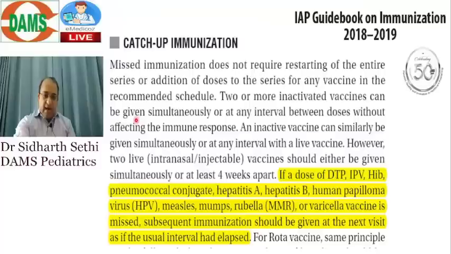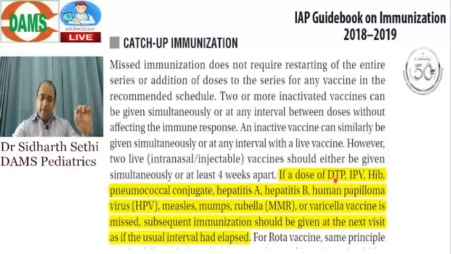So students, according to the Indian Academy of Pediatrics, and I'm a fellow of the Indian Academy of Pediatrics as well, there's a book by the Indian Academy of Pediatrics, and I'll give you a very nice reference which talks about catch-up immunization. If you have missed the immunization, it does not need restarting the entire series. Listen to me carefully.